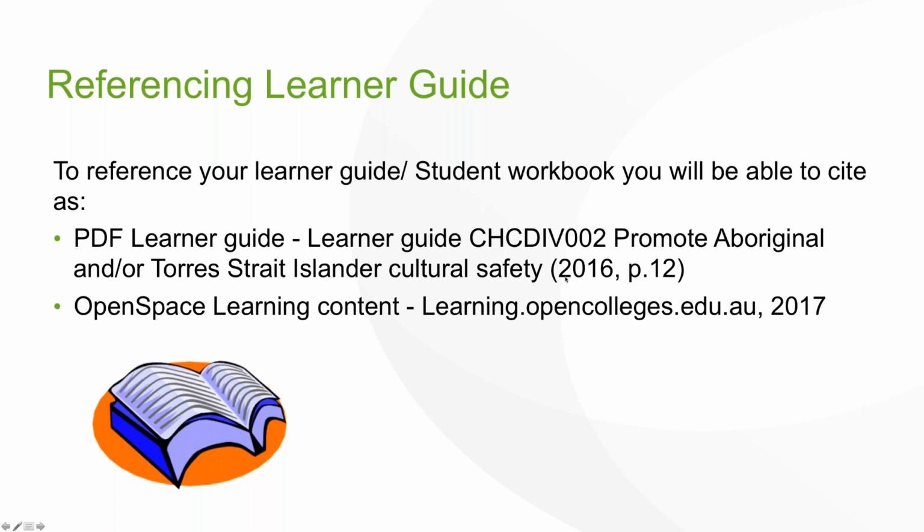Have a look on the front, the second page, where we have the copyright information. It might say something like, this text was published in 2016, and what page within the book you're actually using. If you're using open space learning content, so some of our content is only available online, you can use learning.opencolleges.edu.au 2017.